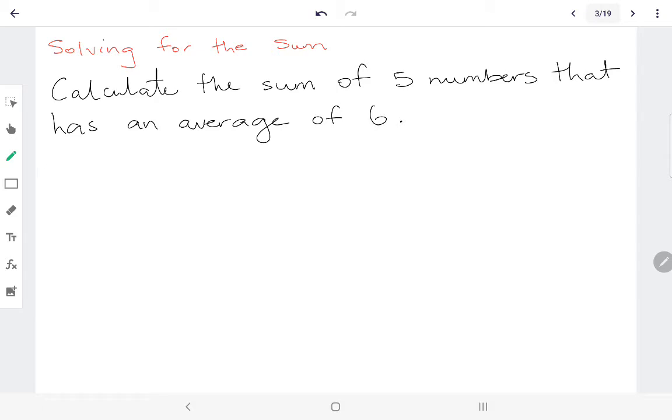So the formula to calculate the sum of the numbers is equal to the mean or the average multiplied by the number of numbers.